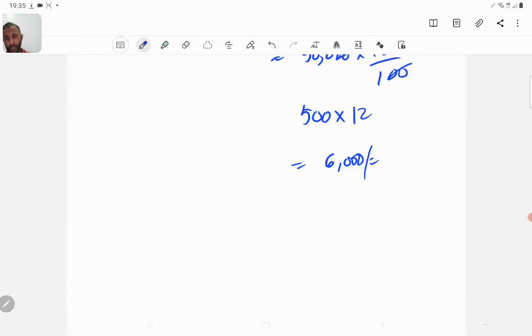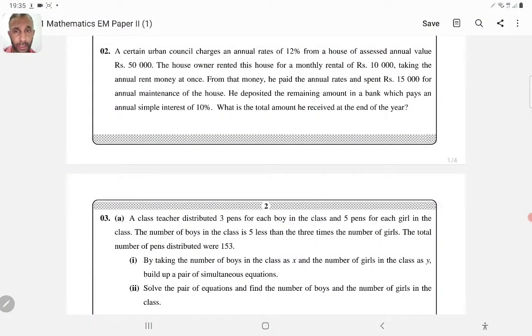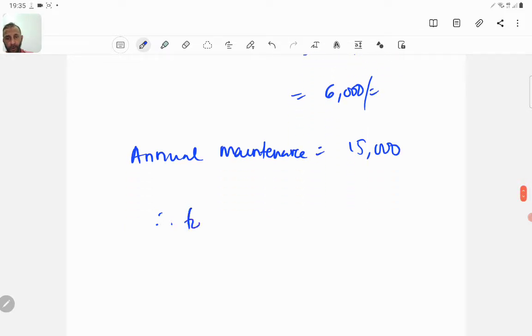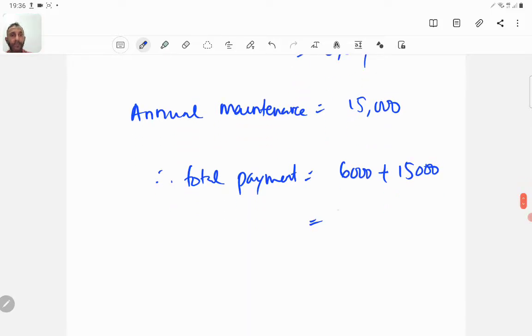Then they also say that he paid annual rates and he spent rupees 15,000 for annual maintenance of the house. So annual maintenance is 15,000. Therefore, total payment is 6,000 plus 15,000, which is 21,000.